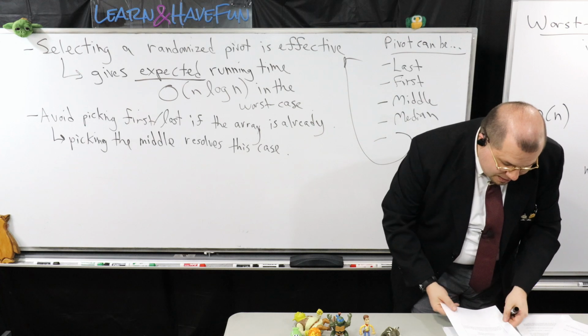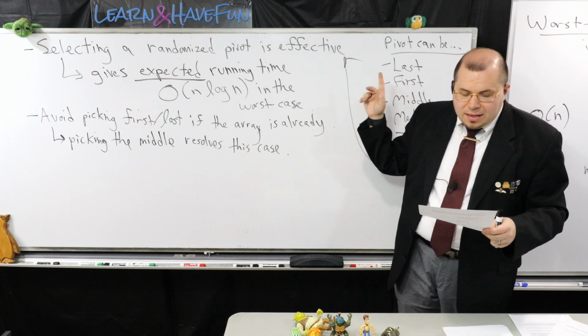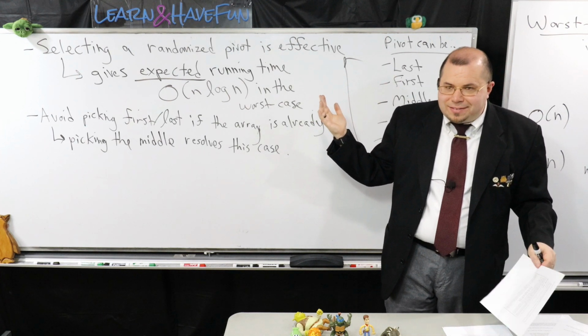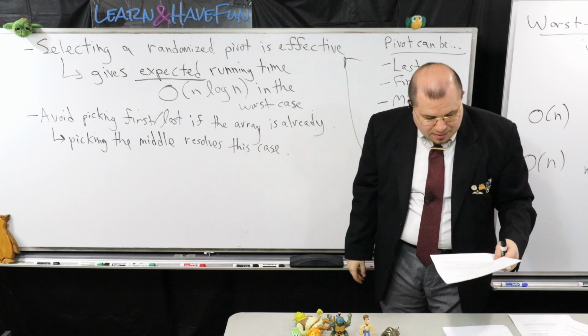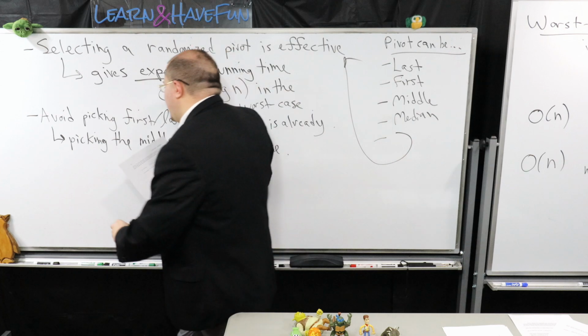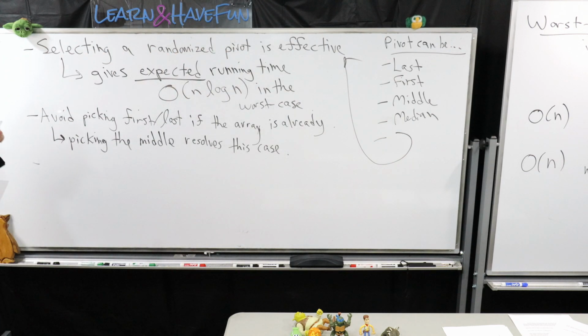One last thing is that there also is the fact that you can technically pick the median. I don't usually like talking about it so much in here. I usually talk about this more in 340.